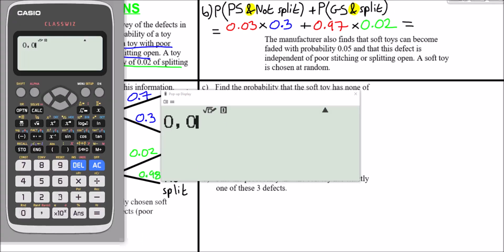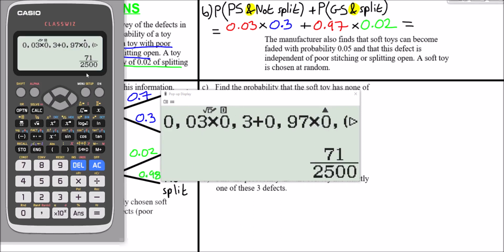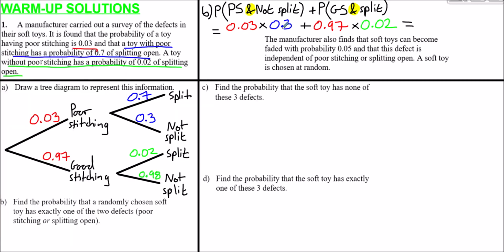So 0.03 times 0.3 for this one, then add on to that 0.97 multiplied by 0.02. And from that we get 71 over 2,500, which I suppose you could leave like that if you wish, or as a decimal, 0.0284. This is three significant figures, that's more than reasonable to leave it like that.